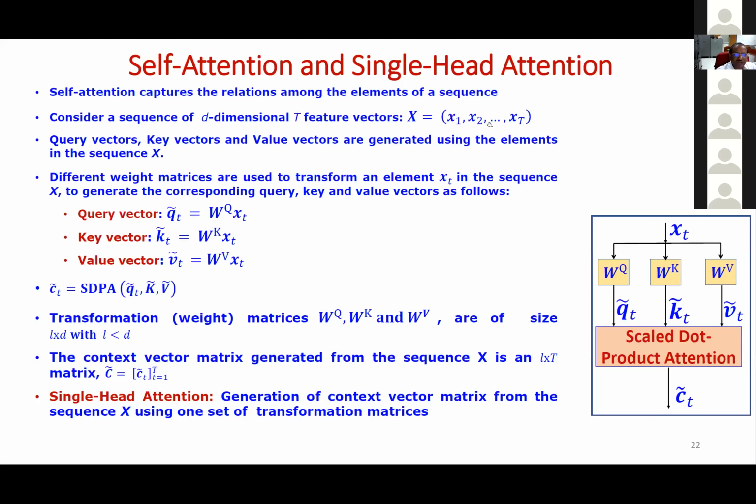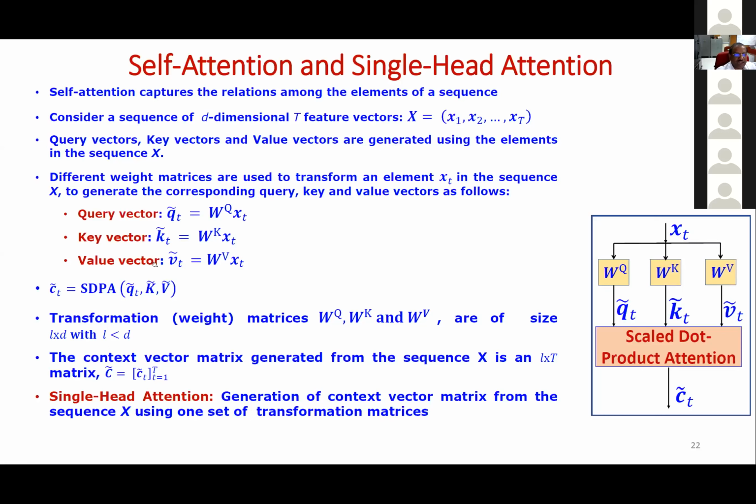Here, given a sequence, we are using one set of transformation matrices to generate one context vector, which tries to capture some kind of relations between the transformed entities, which are in the form of these Q vectors, query vector, key vector, and the value vector. What happens if I change these transformation matrices? I get new representations for the query vector, key vector, and the value vector.